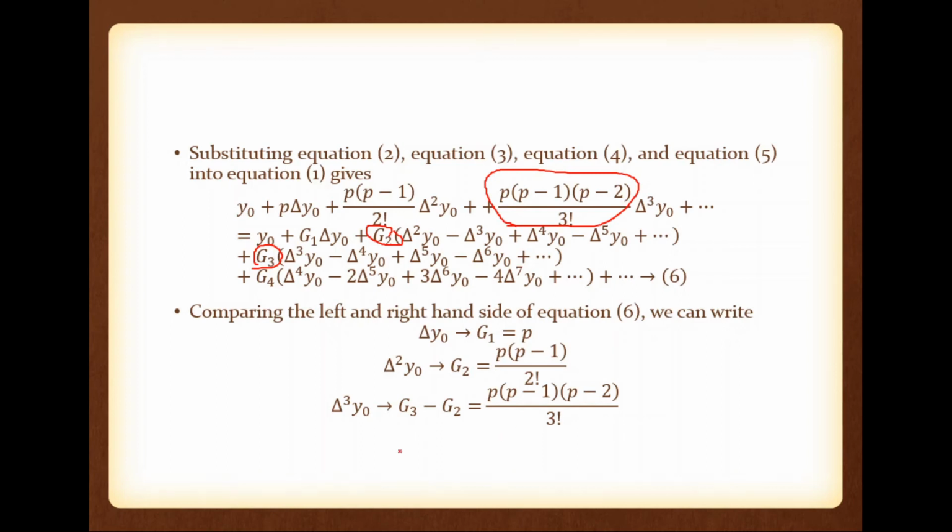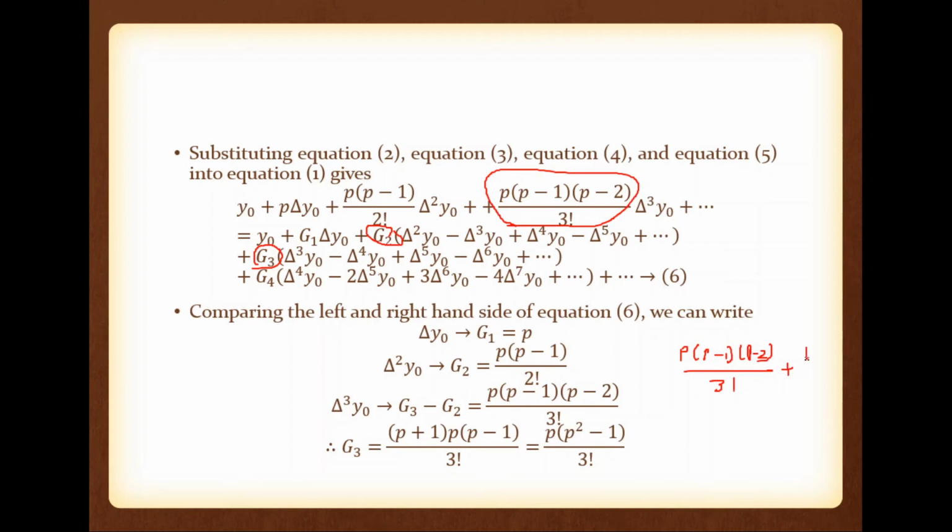So what is g3? g3 is equal to p into p minus 1 into p minus 2 divided by 3 factorial. Now we can move g2 to this side, so g2 will become plus g2. What is g2? p into p minus 1 divided by 2 factorial. So this is g3.